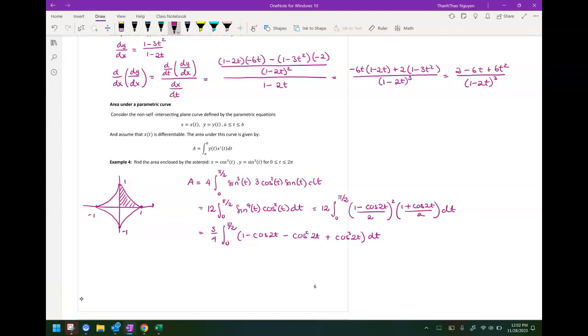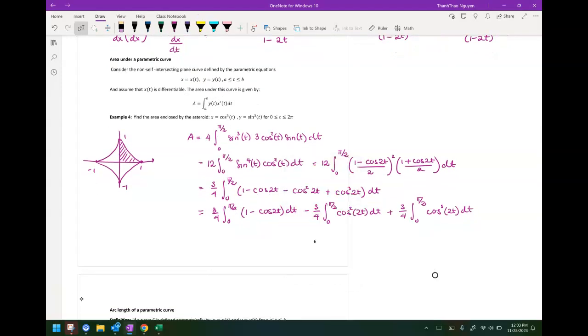We can split this apart. We can evaluate each of those integrals and evaluate from 0 to pi over 2.